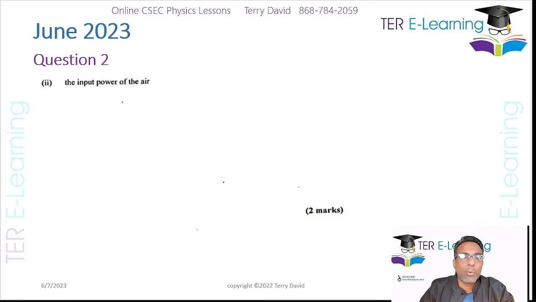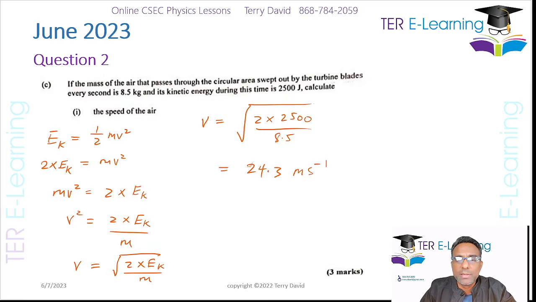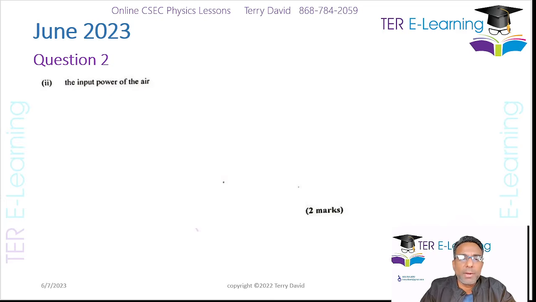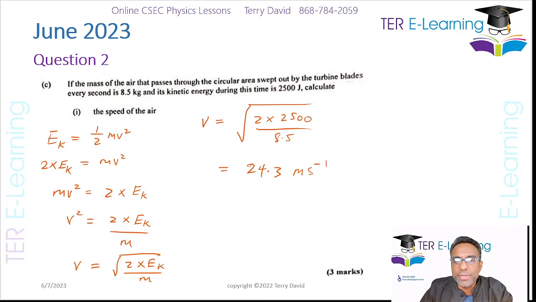Next part, they want the input power of the air. Now remember, power is given by energy over time. The energy, if we read what they said here, they said the kinetic energy during this time is 2500.